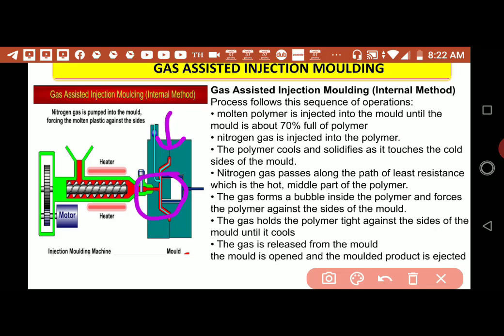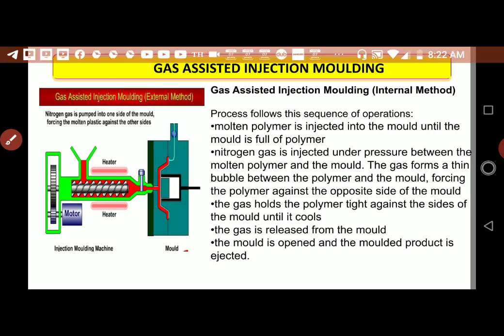It forms a bubble inside the polymer and forces the polymer against the sides of the mold, and the gas holds the polymer tight against the sides of the mold until it cools. The gas is then released from the mold, the mold is opened and the product is finally ejected.